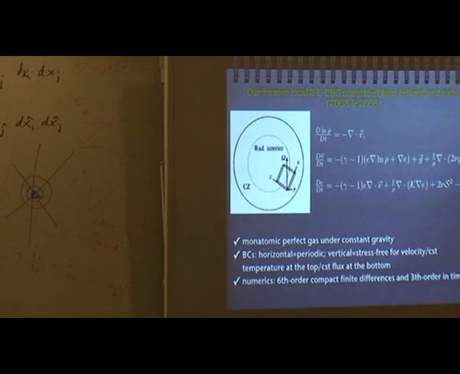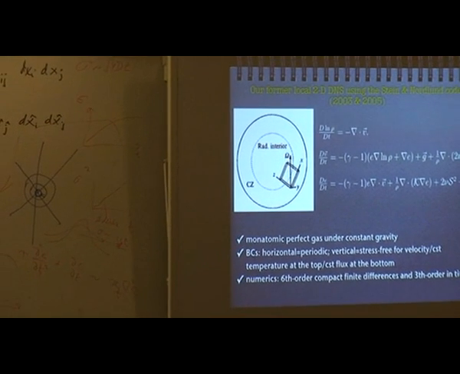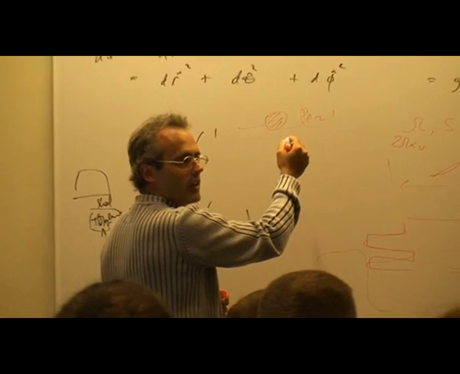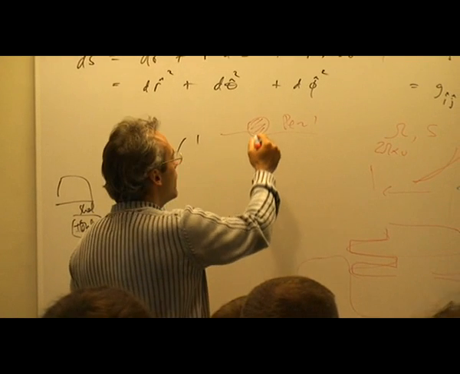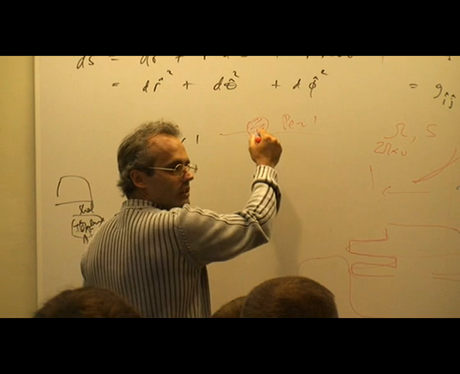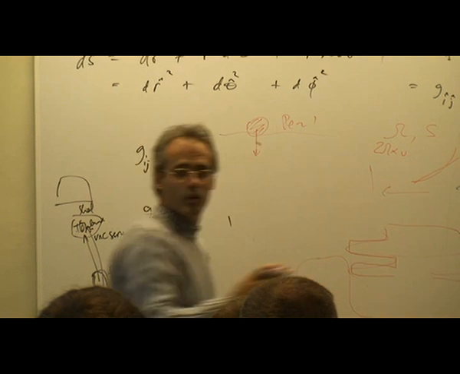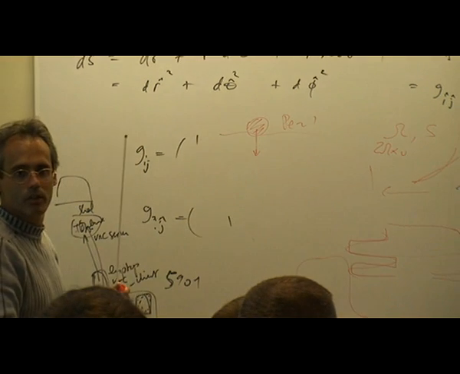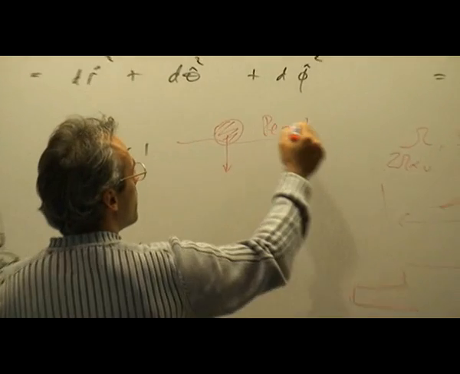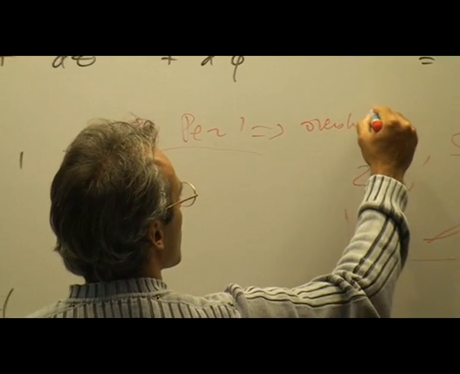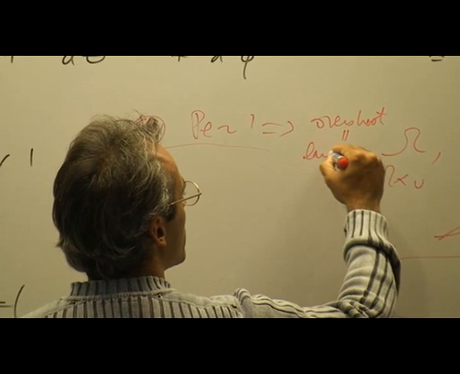If the Péclet number of the blob is unity, it means that the blob will thermalize very fast with the medium. And then the blob does not feel the Archimedes force and penetrates over a large distance in the radiative zone. So a Péclet number of about unity means overshoot, and overshoot means large penetration.